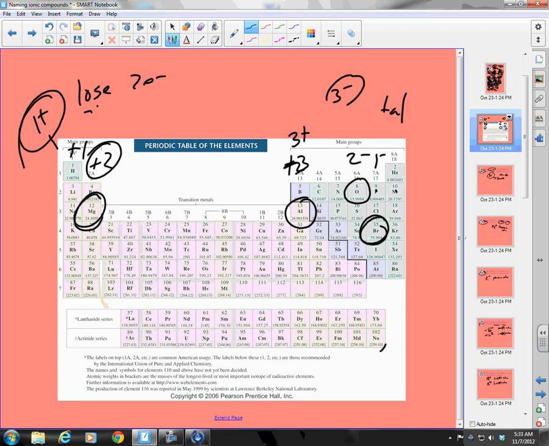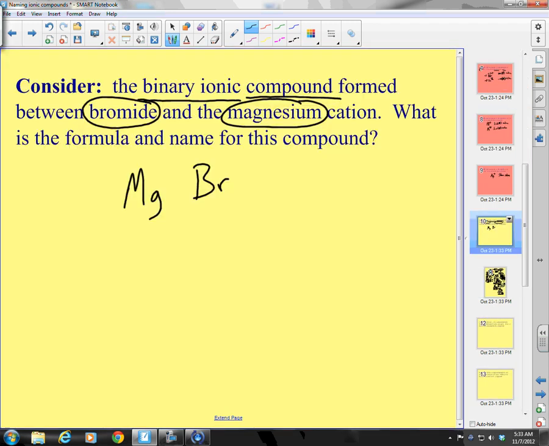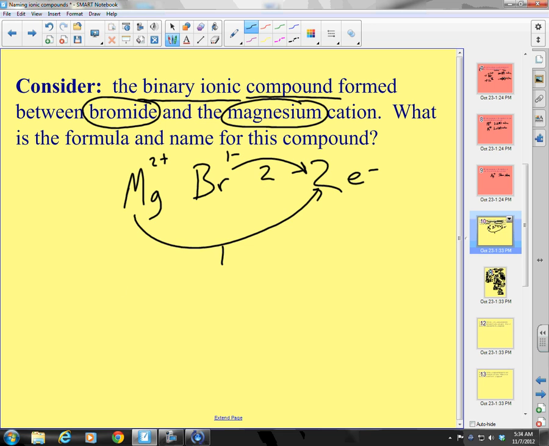It is a 1 minus. So what's my least common multiple? 2 and 1 is 2. How many magnesiums do I need to produce 2 electrons? I need 1. How many bromines do I need to consume 2 electrons? 2.